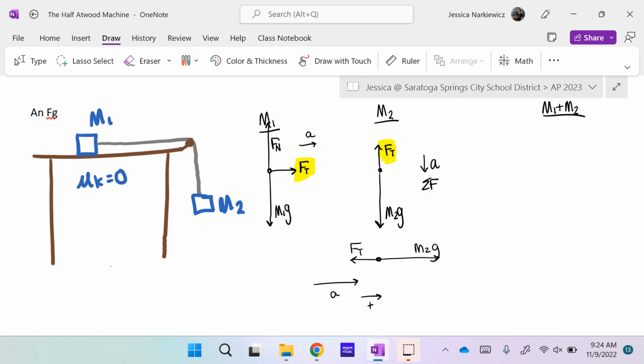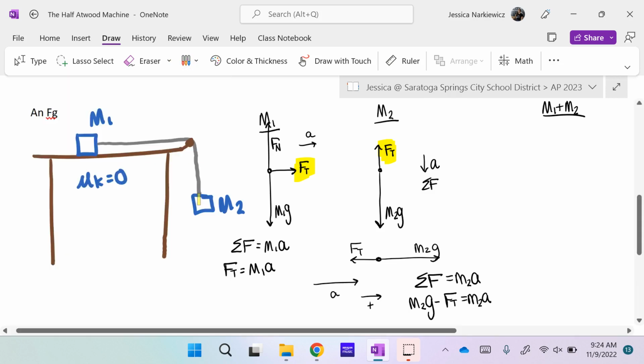That makes it so my net force equation in the accelerating direction for M1 looks like Ft equals M1a, and then my net force equation for block 2 looks like M2g minus Ft equals M2a.